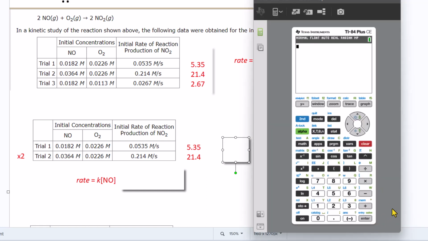I'm going to take that 21.4 and divide it by the 5.35, because I want to see how many times faster it went. I know the concentration was times 2, and the rate went up times 4. So the rate increased by 4 times.